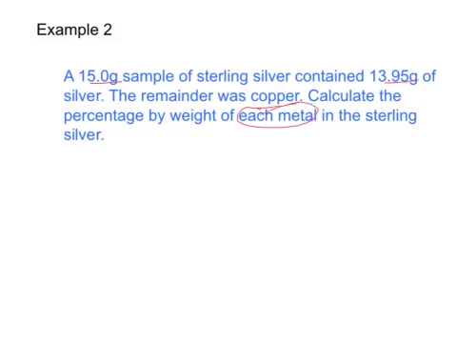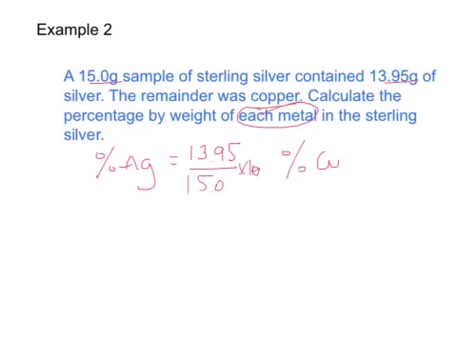We're going to calculate the percentage of silver, and then the percentage of copper in the sample. Once again, I use the mass of the substance given. In this case, it's silver, 13.95 over 15.0, times that by 100, and the value that I get is 93%.